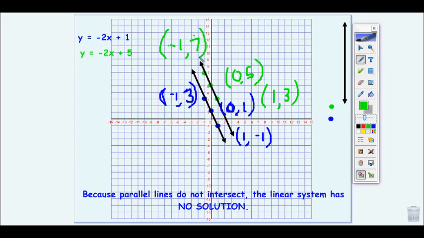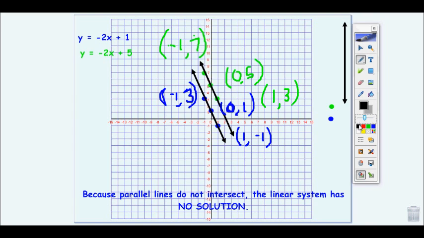Now you're going to notice that when we graph this system of 2 equations, these lines are exactly parallel. The lines are parallel, so they will never intersect, so they will never share an xy coordinate point. They're never ever going to cross.